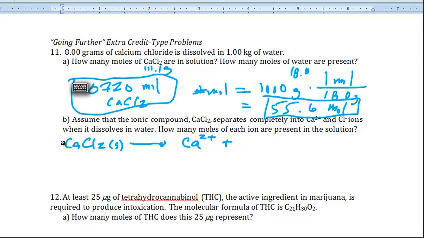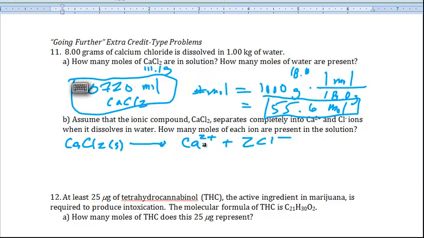If you have 1 formula unit of calcium chloride, then you have 1 ion of calcium, 2 ions of the chloride anion.